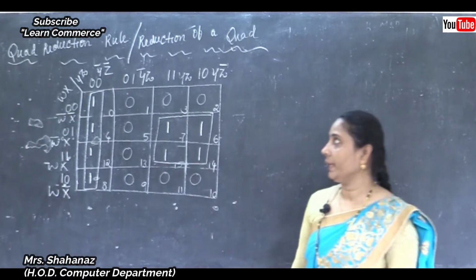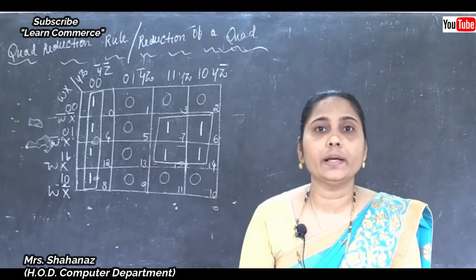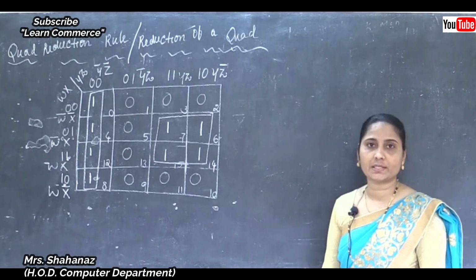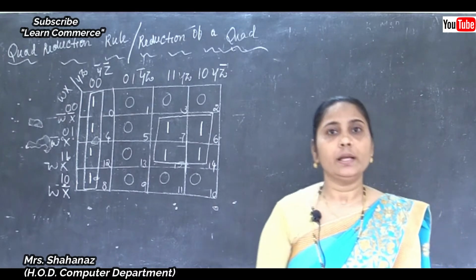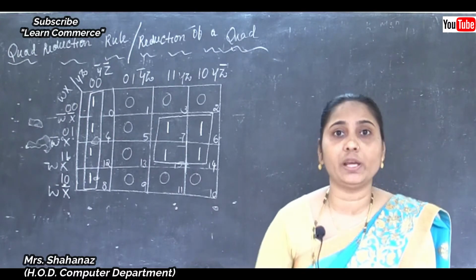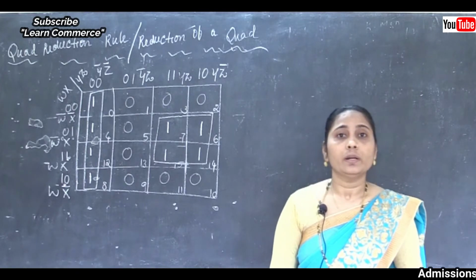Now after completing the pair reduction rule, the next concept is the quad reduction rule, reduction of a quad. We know that in a quad we encircle 4 ones. And which variables are we going to remove?